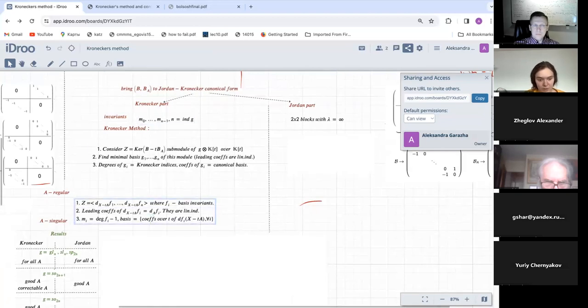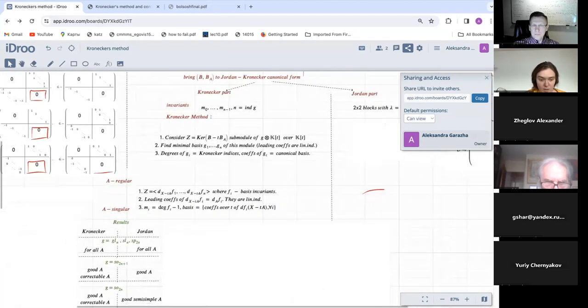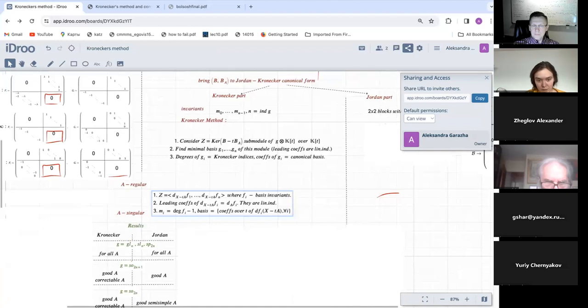We can take this initial basis. For regular element A, its leading coefficients would be linearly independent. And it means that Kronecker indices are just degrees of basic invariants minus 1, and that this basis is just the coefficients of these differentials of basis invariants.